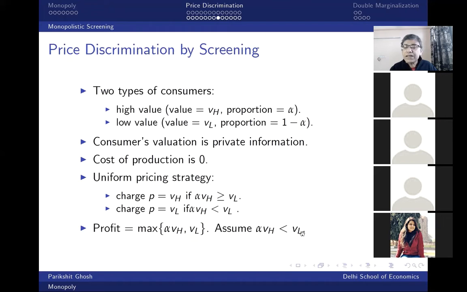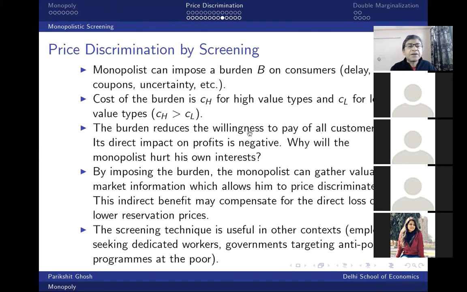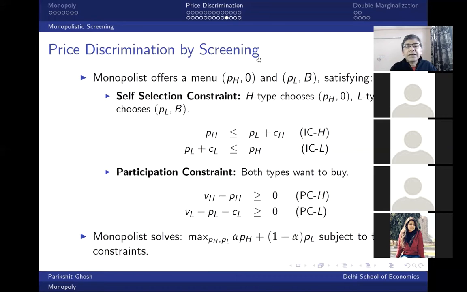We made the assumption that VL is the optimum price. So the high value types get away with some surplus in that situation. And the principal's profit is just simply VL.